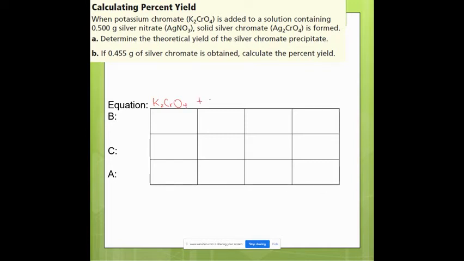We're going to react that with our silver nitrate. And we're going to form potassium nitrate and silver chromate.